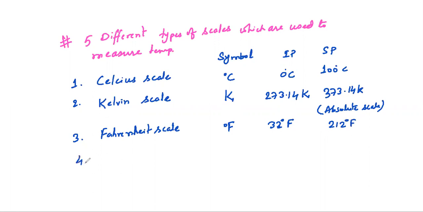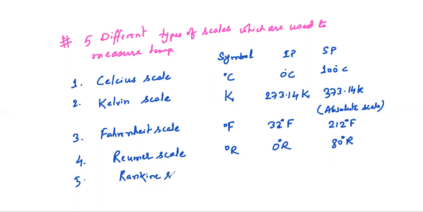Next one is the Reaumur scale. We don't use it much now, but it's there. The Reaumur scale is degree R, and for this, the ice point is 0 degree R, and the steam point is 80 degree R. And the last one is the Rankine scale, which we also don't use so much now.